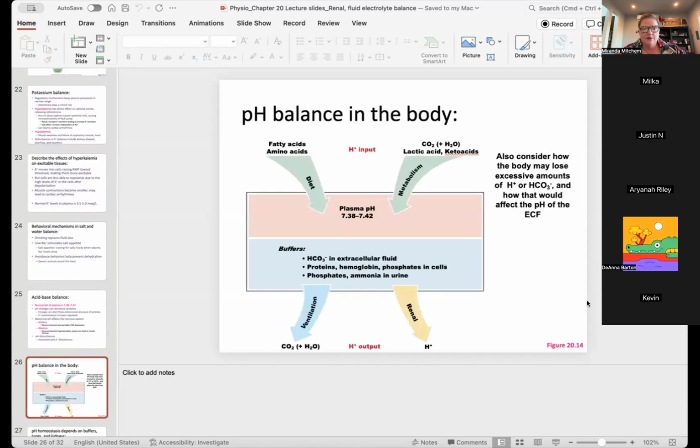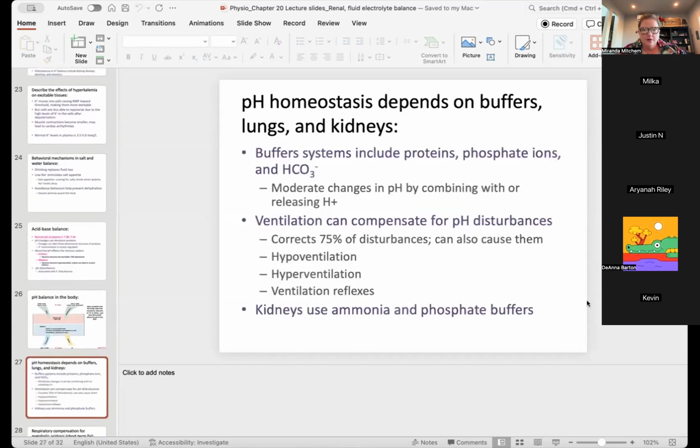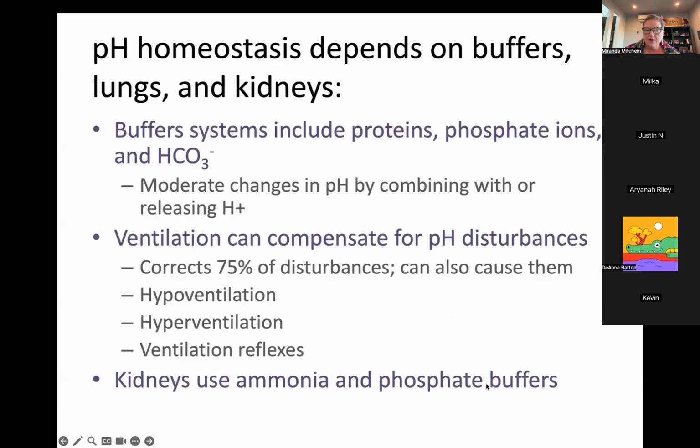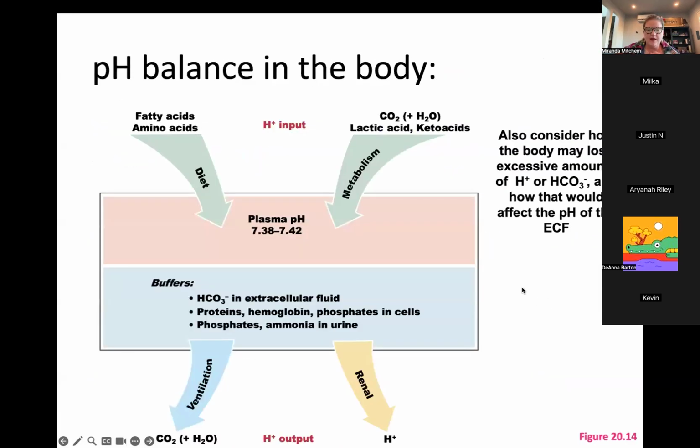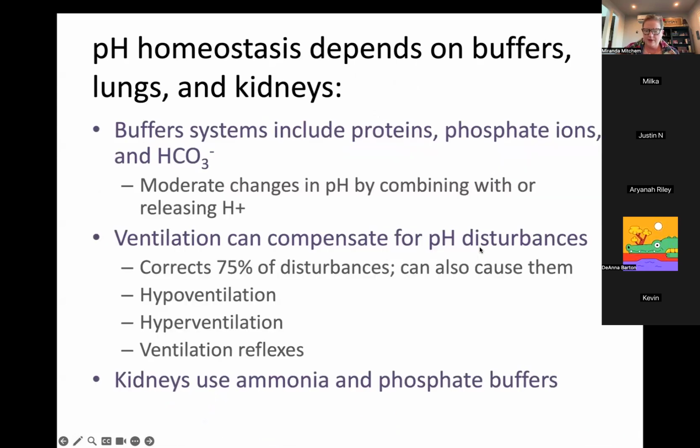Both the renal and the cardiovascular system can respond to changes in pH, and the cardiovascular system does that quicker than the renal system.